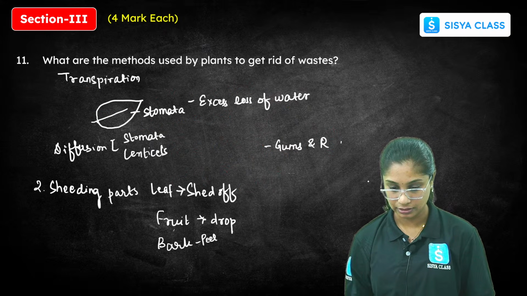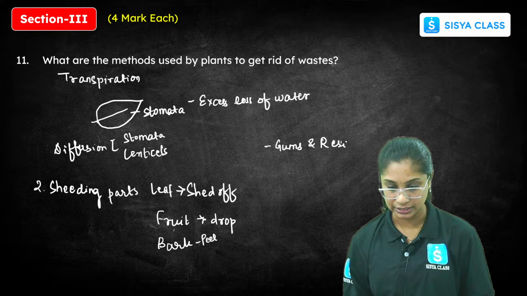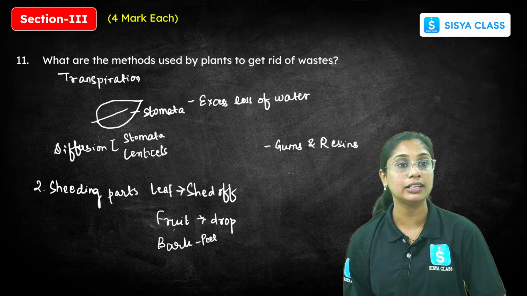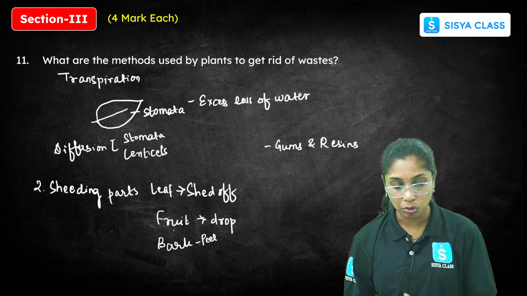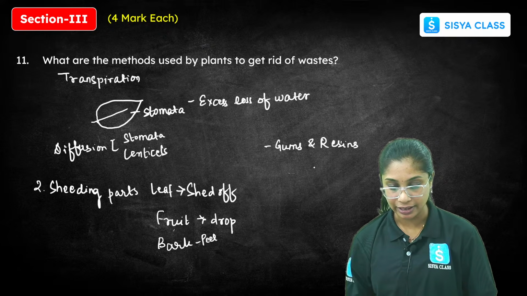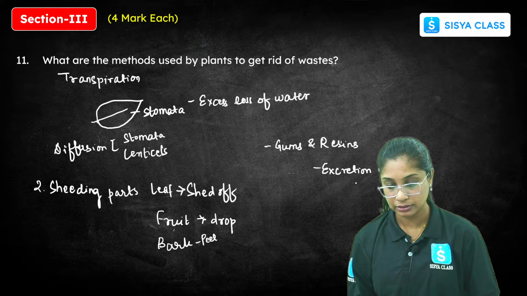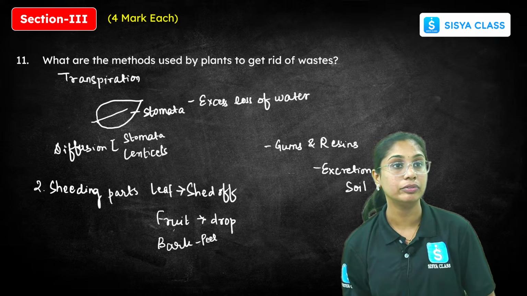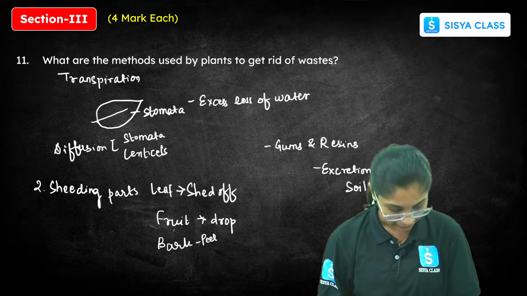These are mostly deposited in the non-functional or old xylem. Then we have excretion into the soil by roots, right? These are the various methods through which plants get rid of waste.